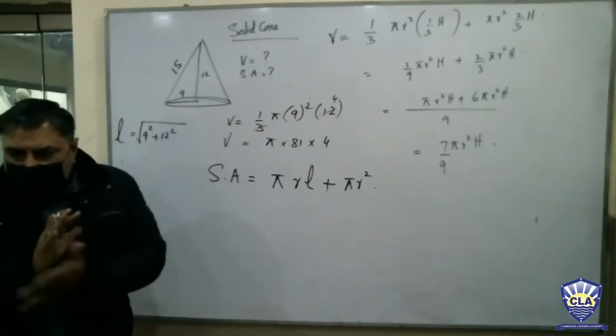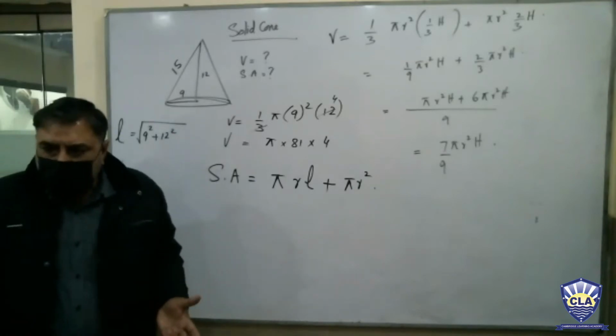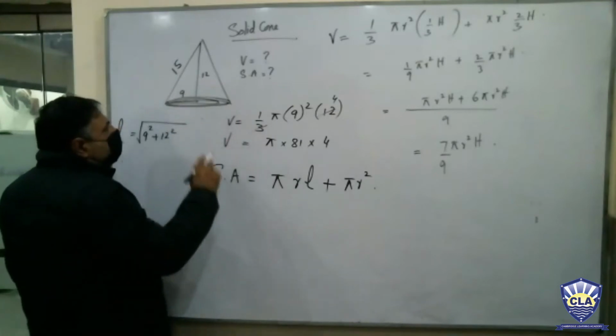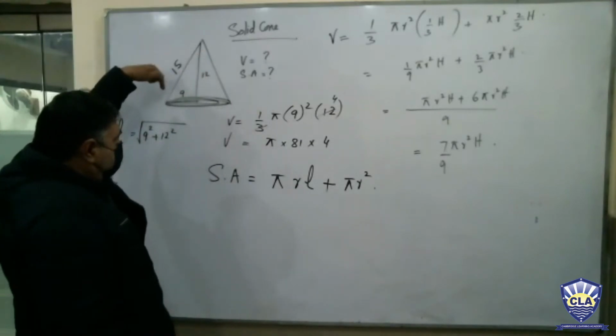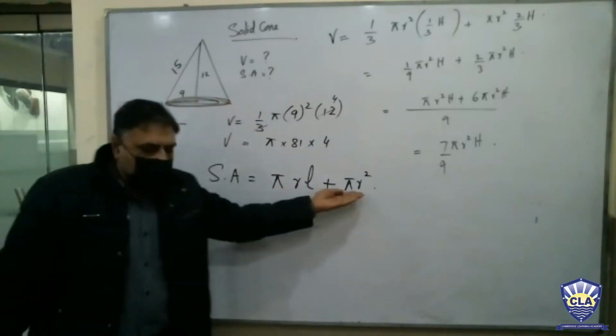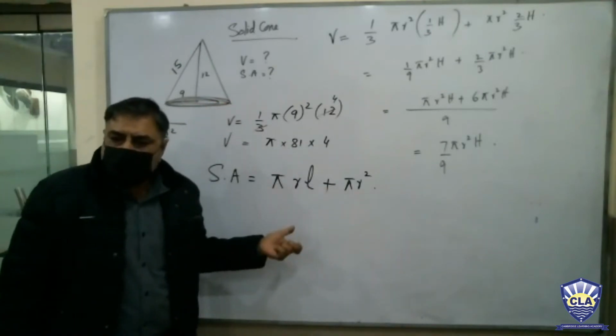He said calculate the surface area and it is a solid cone. The solid cone consists of two parts: one is the curved surface area and the other is the circle. So circle plus curved surface area.